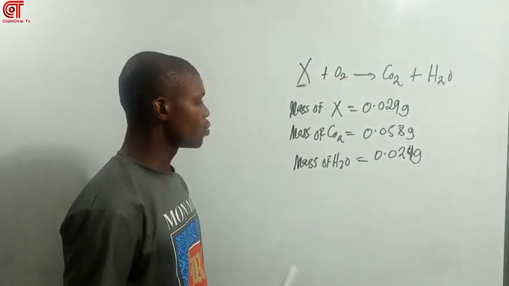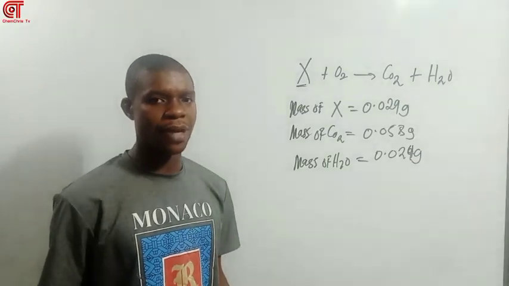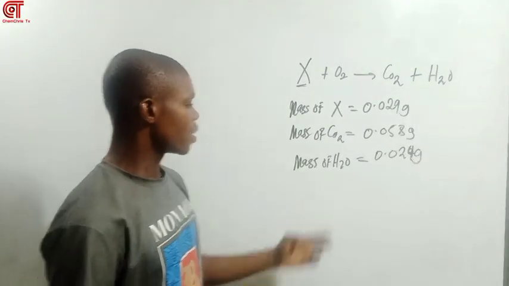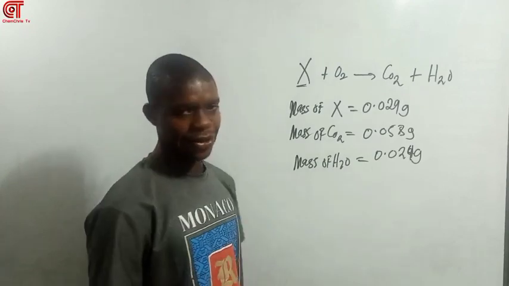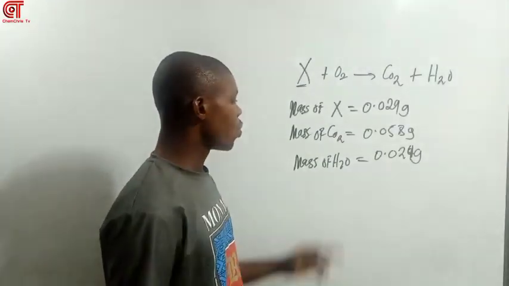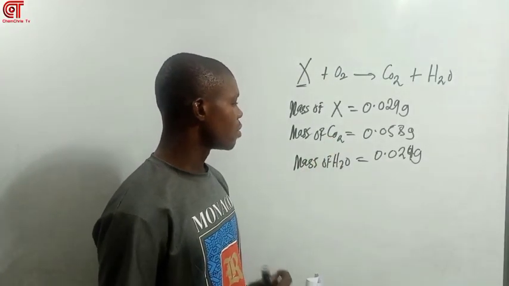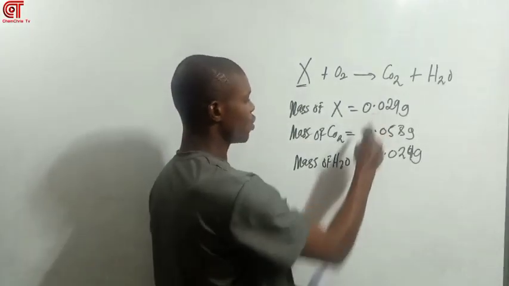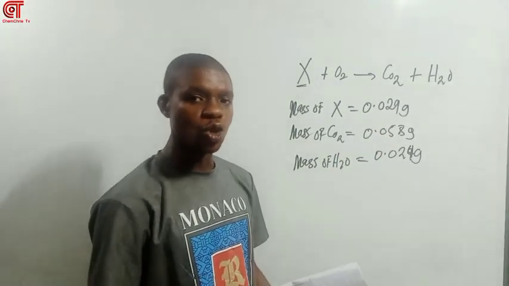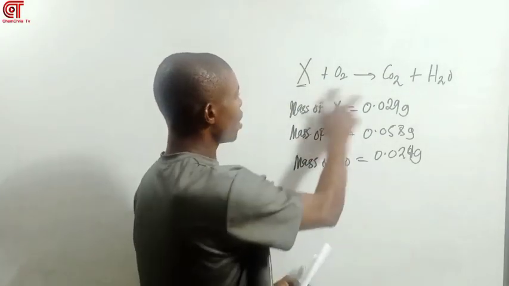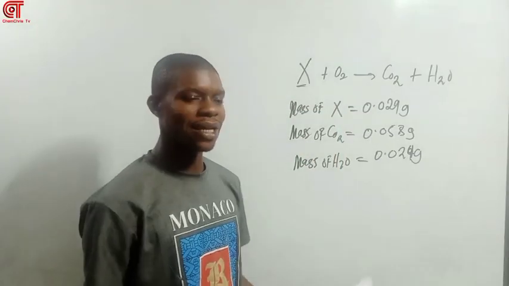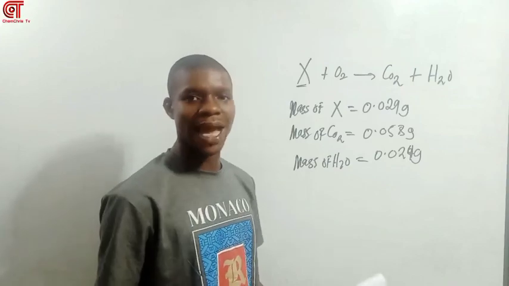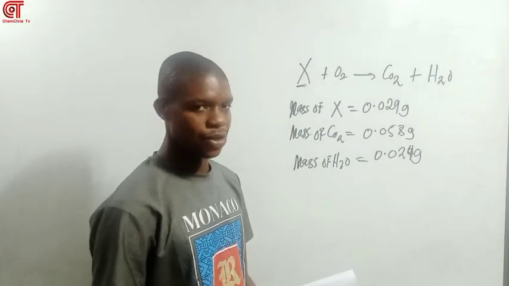Now you want to know the elements in that compound. Of course, the compound will contain carbon and hydrogen. So you must calculate the mass of carbon and hydrogen. Then if you sum them together and it equals the mass of the compound, it means that nothing else is present, because when an organic compound undergoes combustion, it can contain carbon, hydrogen, and any other element.